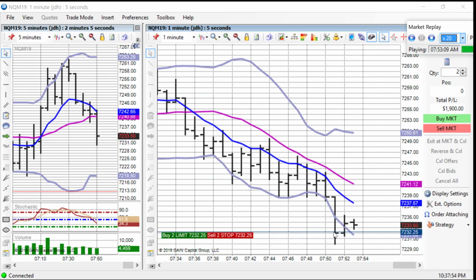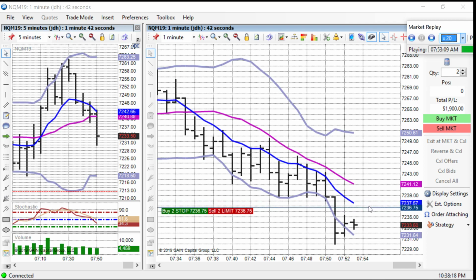We had a reversal back up through the Bollinger Band here. Probably the best thing to do would be to wait for the new bar on the 5-minute chart and just trade the move as it trades through here, that previous close, which will probably be consistent with a pullback to the ADMA line on the 1-minute chart.